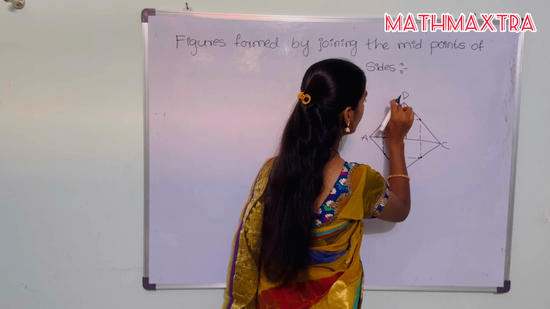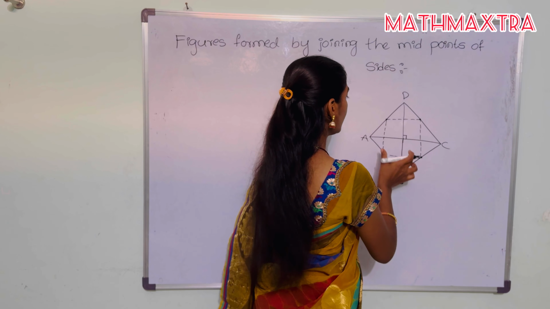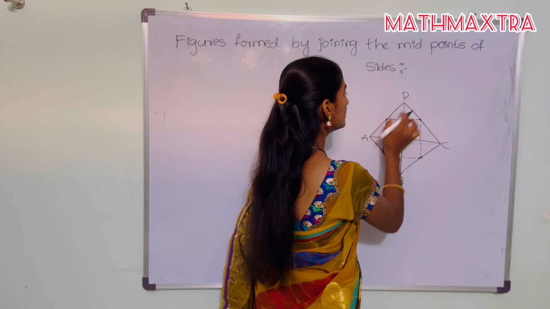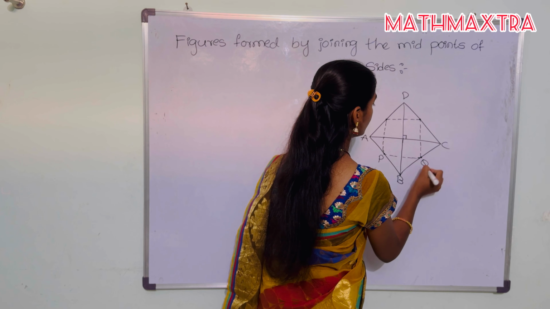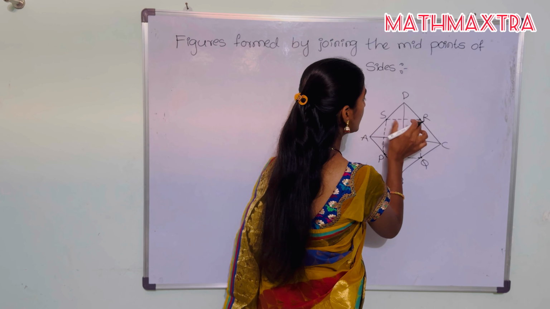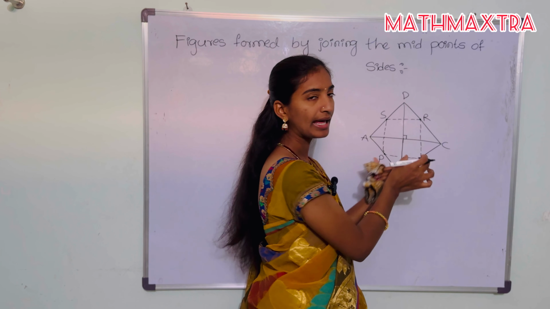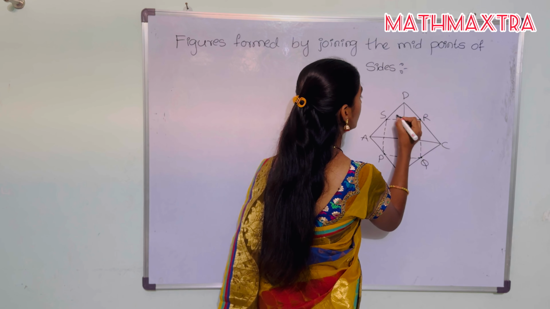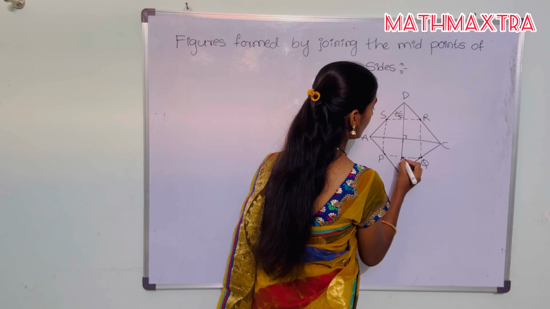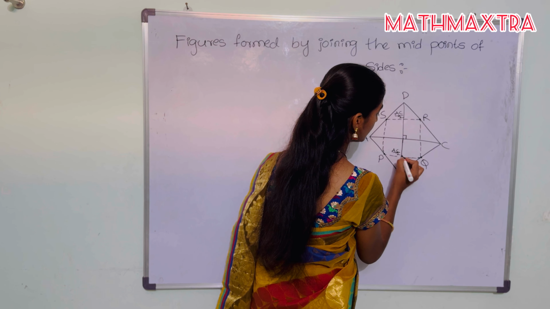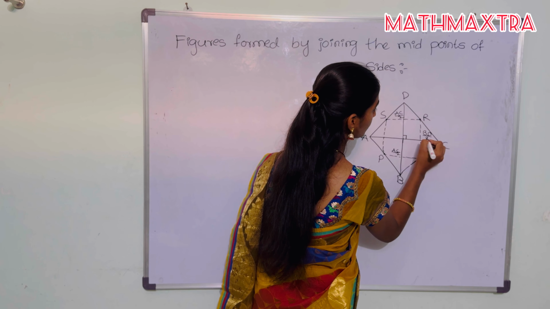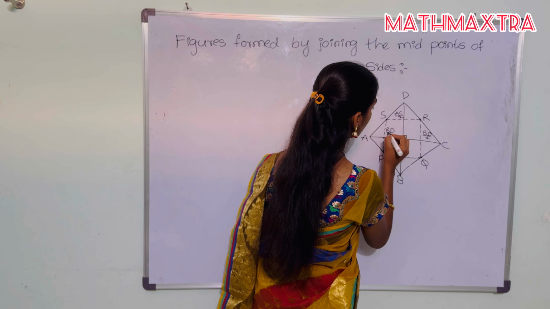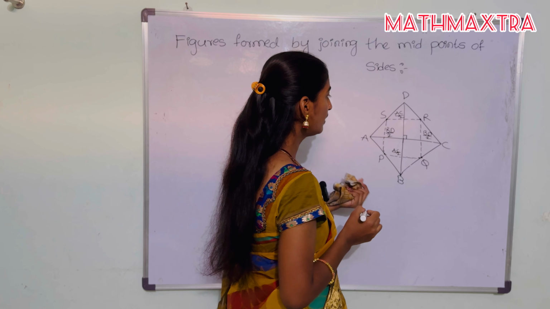If you consider ADC triangle and this AC is the third side of this triangle, this RS line segment is exactly parallel to AC and half of it is AC by 2 and this is also AC by 2. Yes, and this is BD by 2 and this is also BD by 2.